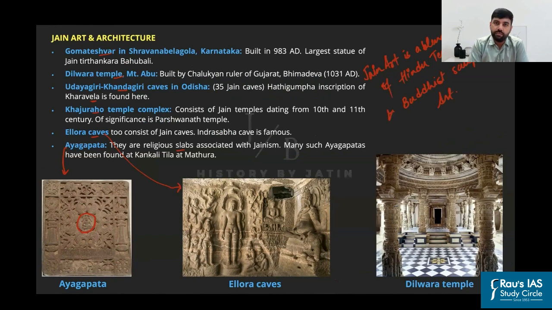It's too easy. You just need to know about Ellora, the sculptural art of Mathura, or the temple art of Nagara style. You should know that. If UPSC asks you to elaborate on Jain art and architecture, you can easily do that. This single slide will help you write the entire answer, be it 150 or 250 words.